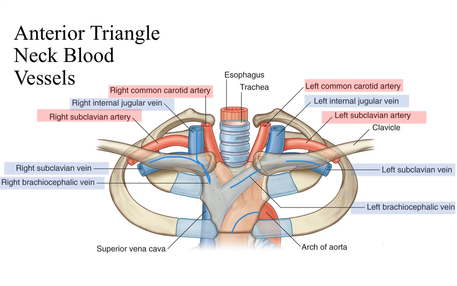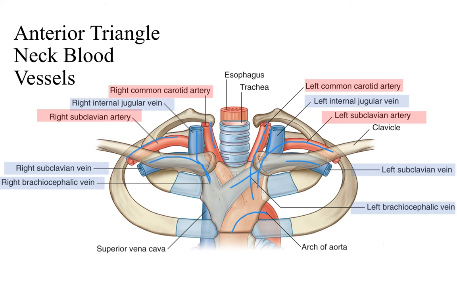And then here we have the aortic arch, and coming off the aortic arch is our left common carotid artery and our left subclavian artery on the left side, and on the right side we have the right common carotid artery and the right subclavian artery.